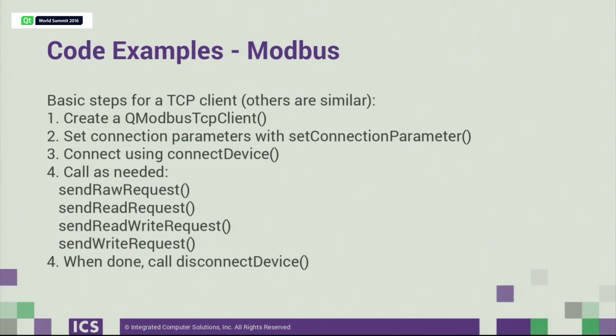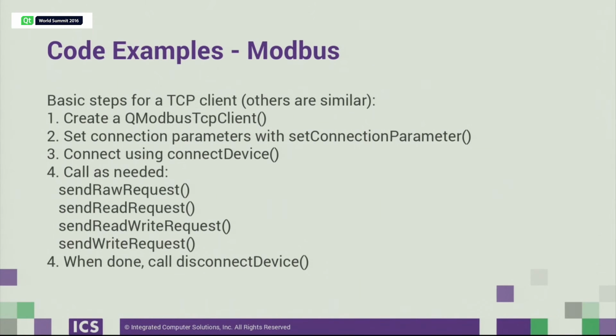So for Modbus, the basic steps are you need to create, in this case I'm going to create a client, a TCP client. The others are similar. You need to create an instance of a QModbusTcpClient. Then you typically want to set some of the connection parameters, and then connect using the method connectDevice.